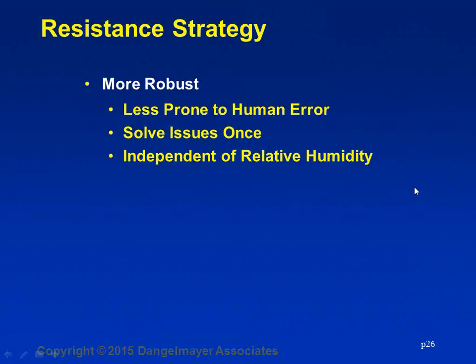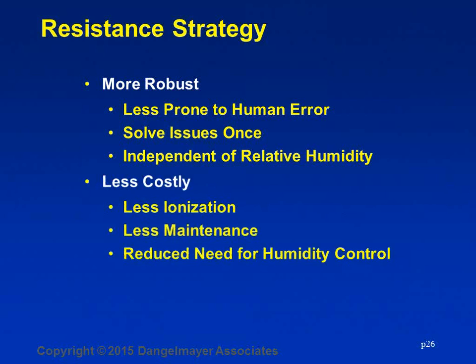Looking a little more closely at the resistance strategy, it is significantly less prone to human error. Typically, you put a resistive material in the right location within the process, you solve it once, and move forward with robust protection. And if you pick the right materials, they will perform independently of relative humidity.